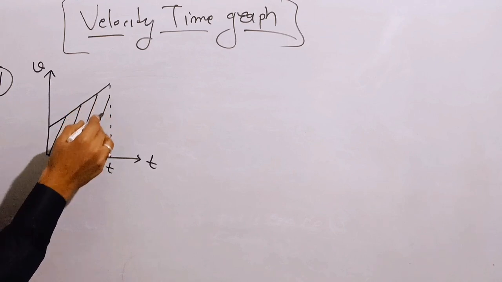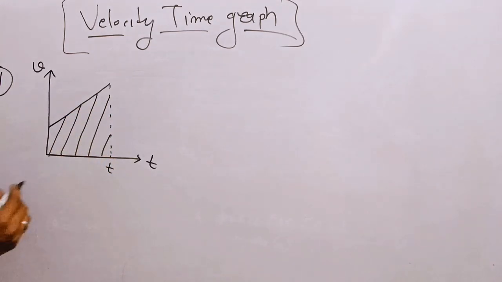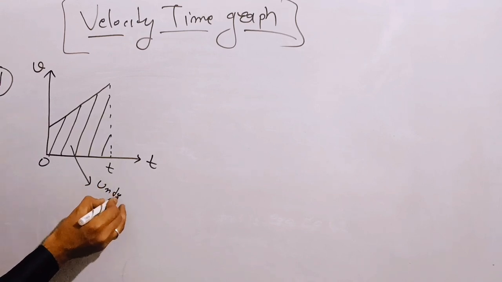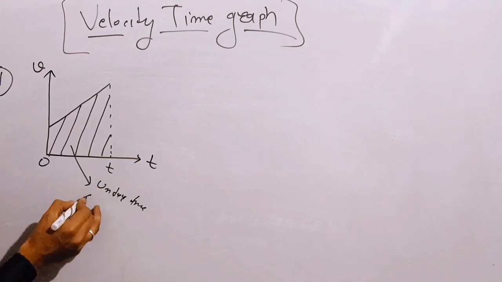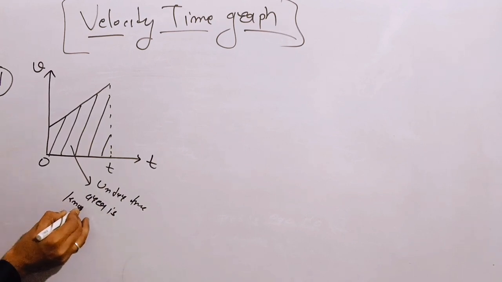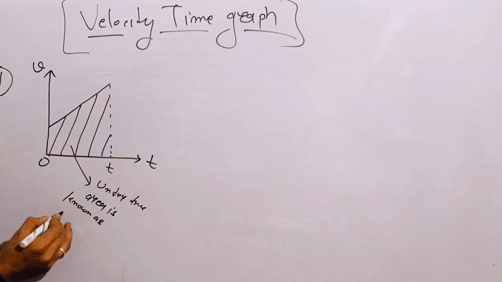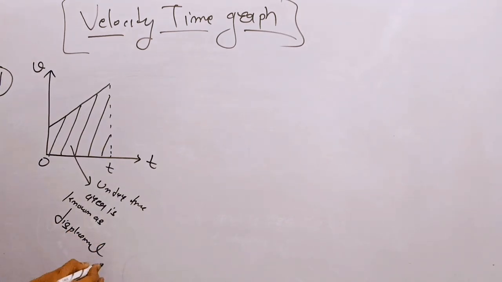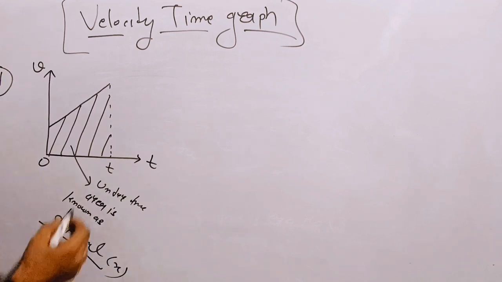This is origin. This is known as displacement. It is denoted by x, and this is a constant acceleration line.